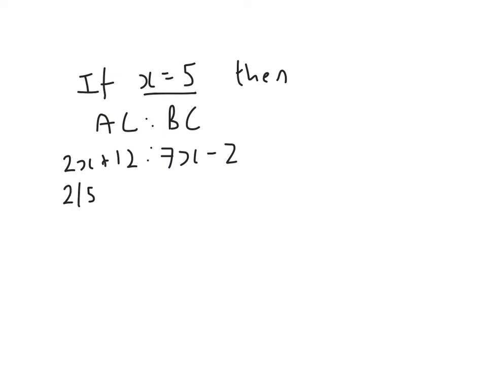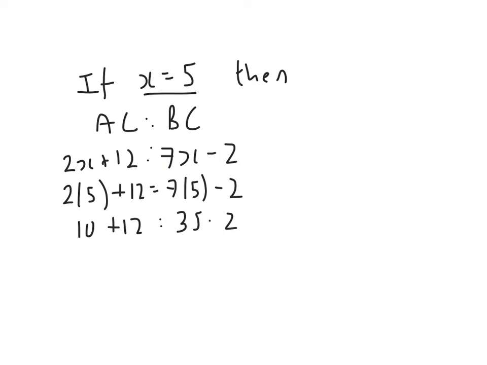So this is 2 lots of 5 plus 12 to 7 lots of 5 minus 2, which is 10 plus 12 to 35 minus 2. So this is 22 to 33, and if you simplify that ratio, that becomes 2 to 3.